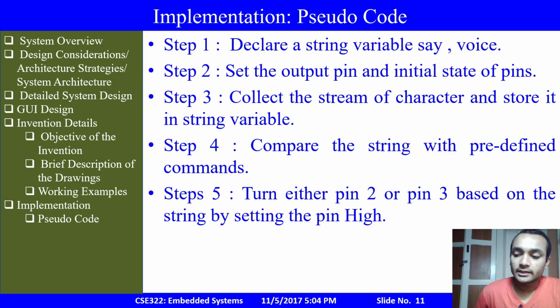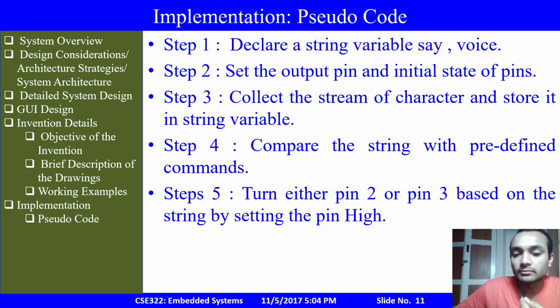Then we map the string to whatever predefined commands we have. So simple functions like switch off, switch on, lamp off, lamp on, TV off, TV on, right? It'll match those commands, and obviously you won't say "let us put the TV on." It won't accept that right now.